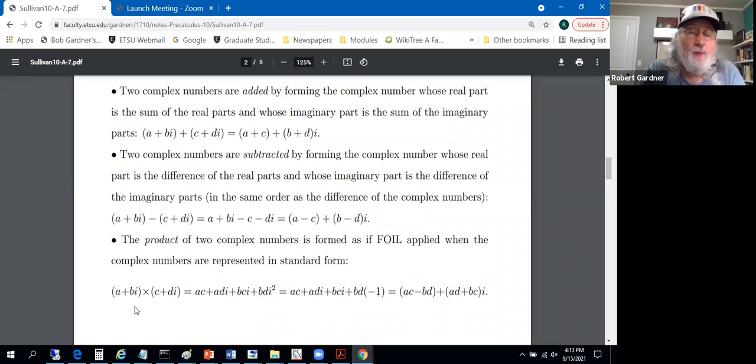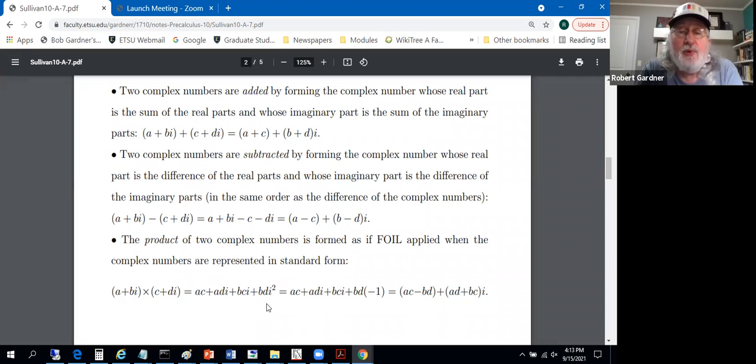But if we were to FOIL this, then we'd have a times c, a times di, that was a times the second complex number, and then we'll take bi times c and bi times di. bi times c would give us bci, and bi times di would give us bd times i squared.